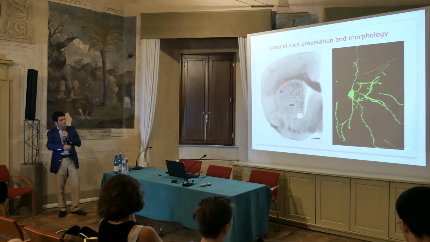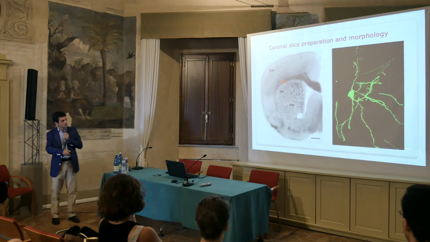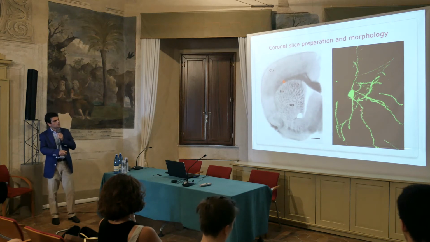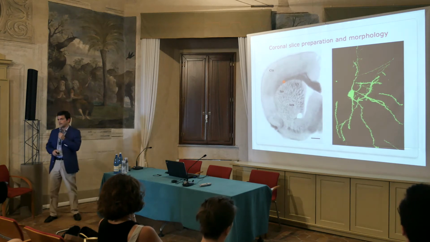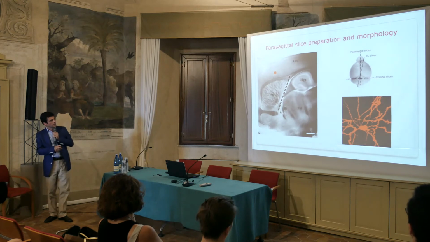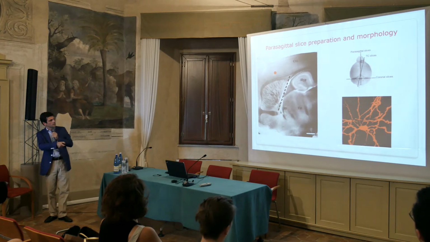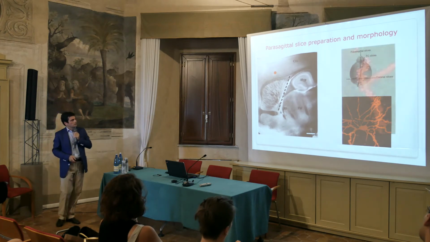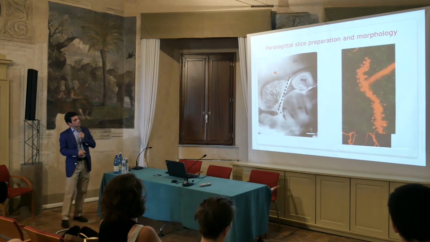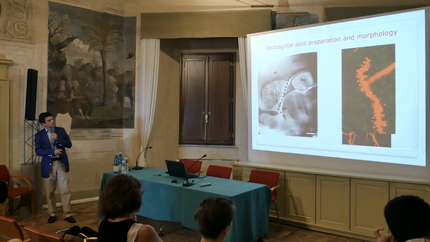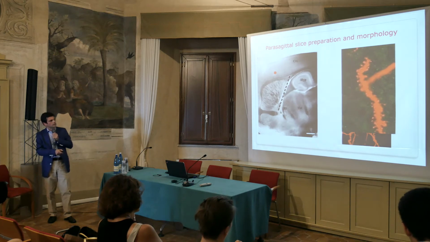This is a coronal slice, and you can see the spiny neurons filled with biocytin, and you can also record from a parasagittal slice. It's a different angle that better preserves the corticostriatal connections. And you can see one of the dendritic trees studded with spines.